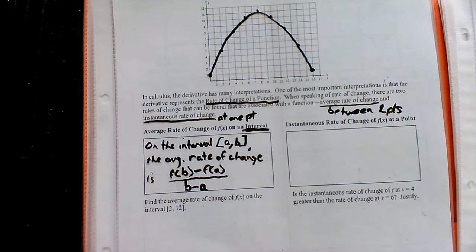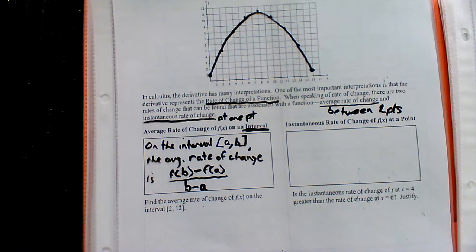That'll be our average rate of change. So that's 2 points. We're finding f of b, that's one of our points. F of a is another point. And then we're going to subtract the values of those points we chose on the bottom. So that's finding the average between 2 points. That's the average rate of change.